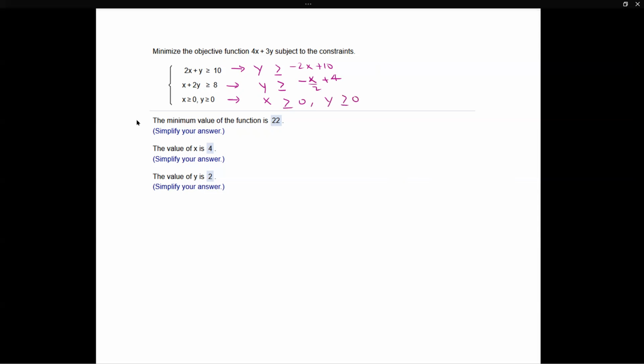So these are the constraints, right? And this is the objective function, and we need to minimize. So remember, we are not always maximizing. Sometimes you want to minimize. Depends on what application you're working on.